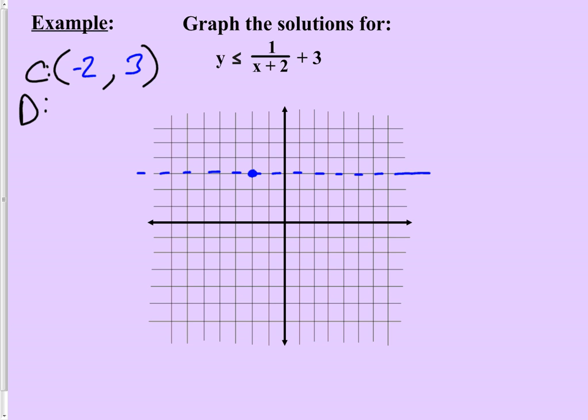Now direction is a good thing to know as well. Because we have a center point, we have a real good idea of what's going on as far as our asymptotes, and there should be no reason for us to cross the asymptotes. That narrows down where our points are going to end up when we start plugging values in and getting coordinates back out. Looking at the inequality, I do not see any sign change associated with the rational part.